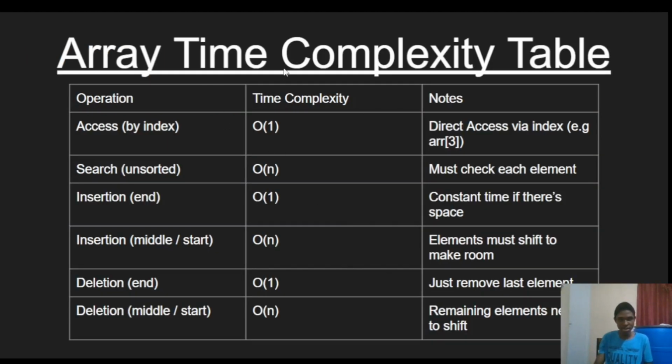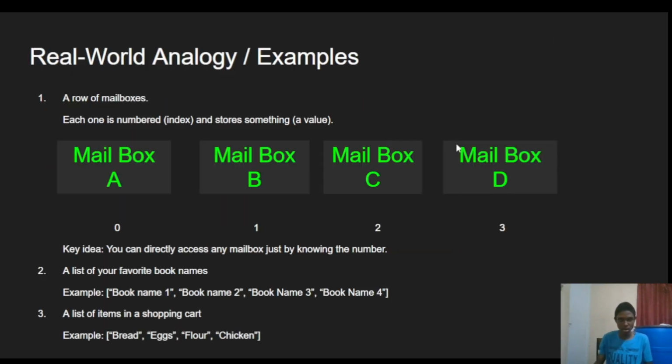Alright, so here is a time complexity table for arrays. So we have the operation for access by index, and its time complexity would be constant time. So if we access, for example, let's look at our mailbox B. Since we know the index is 1, we can access it instantly.